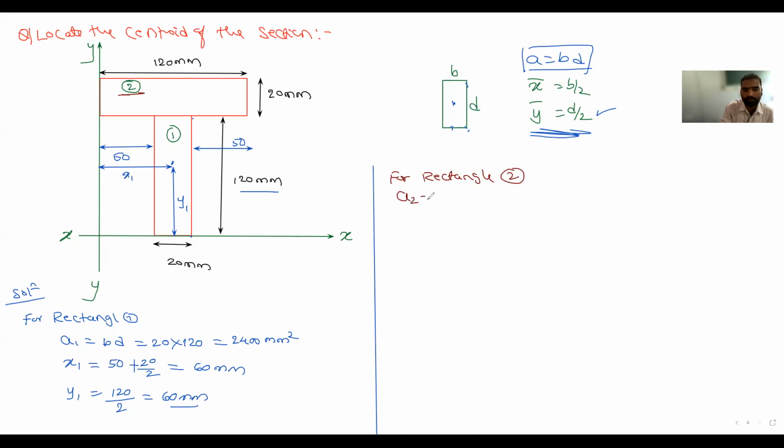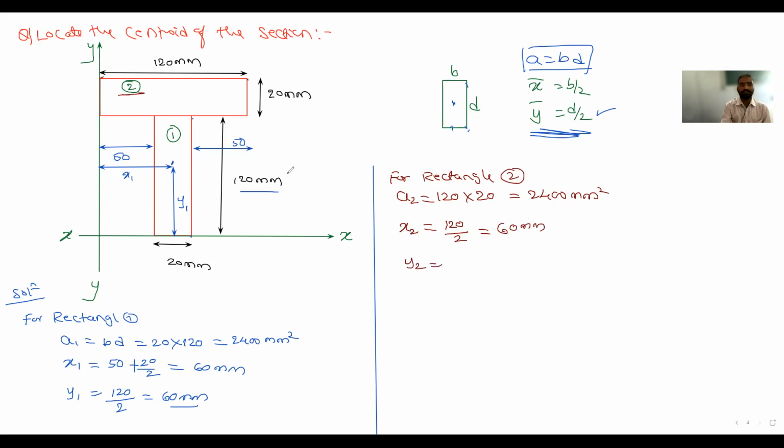A2 is equal to 120 into 20, 2400 mm square, correct? Yes, sir. x2 is b/2. Total इधर से इधर कितना है, 120 है. 120 divided by 2, that is equal to 60 mm, correct.